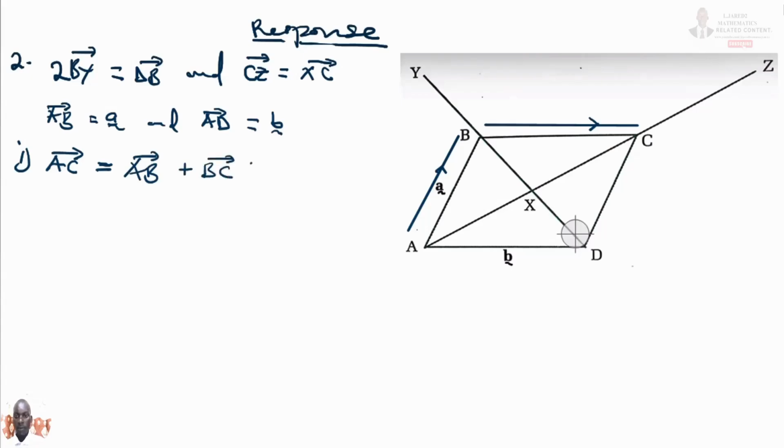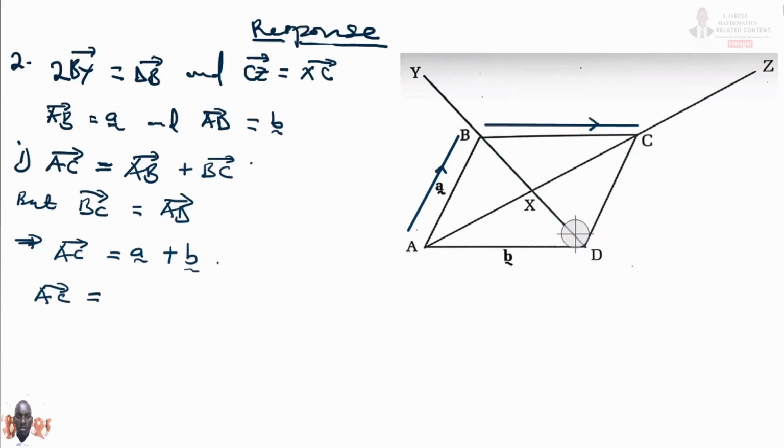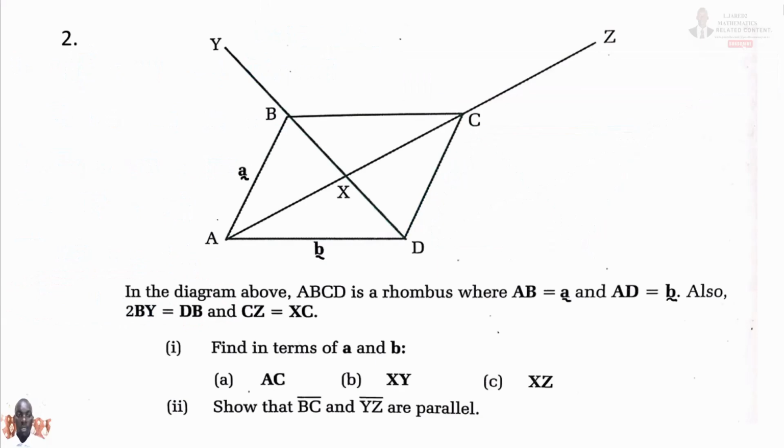But since the figure ABCD is a rhombus, vector BC equals vector AD. So this implies that vector AC equals vector AB, which is a, plus vector BC, which is equal to vector AD, so plus b, implying that our vector AC equals a plus b. So this becomes our expression for Roman numeral 1 part a.